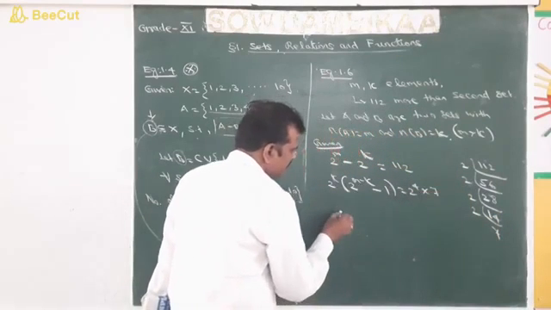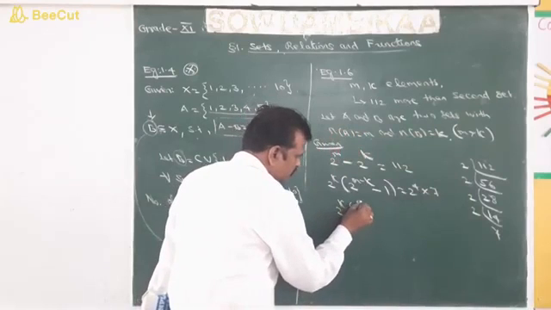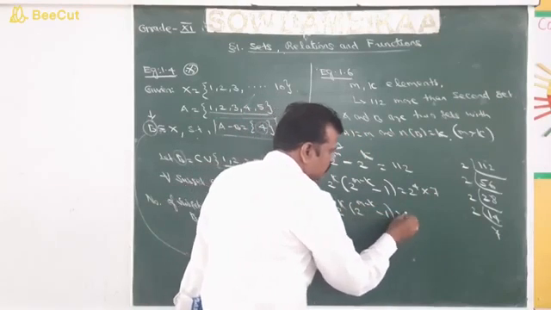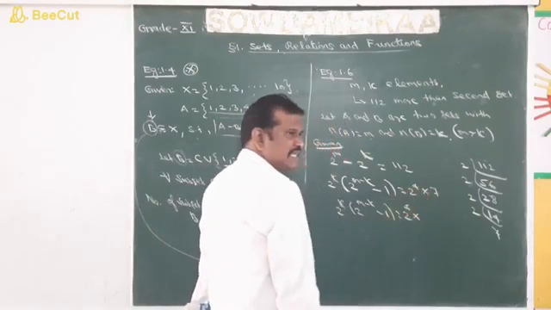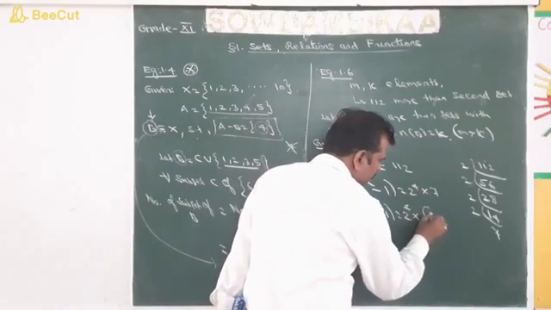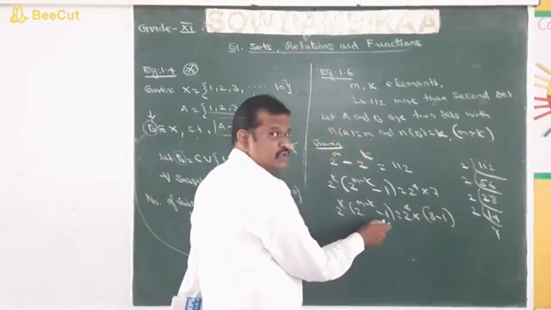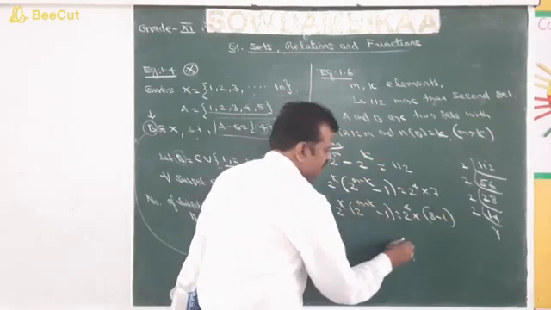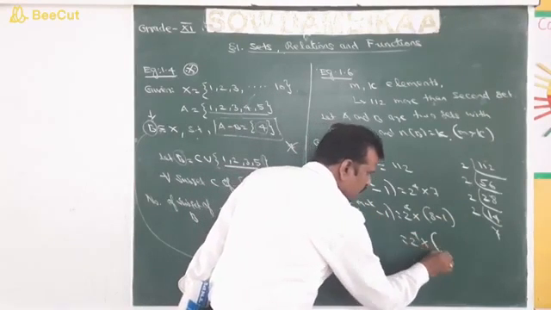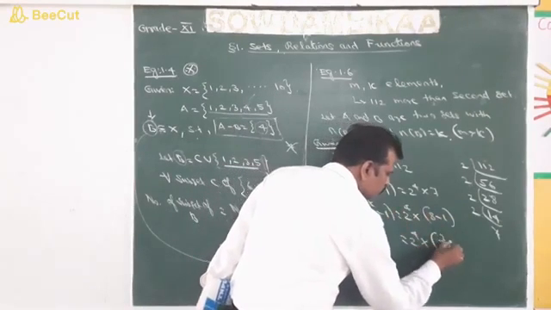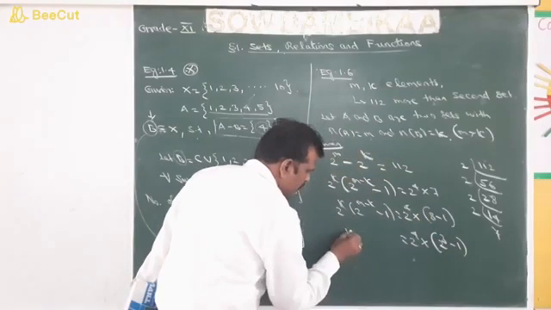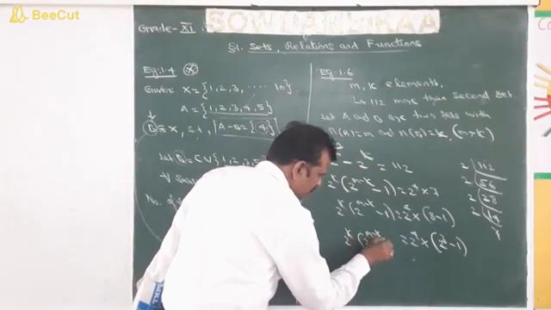So this can be written as 2 power k into 2 power m minus k minus 1, which is equal to 2 power 4 into 7. This 7 can be written as 8 minus 1 because we are having the minus 1, so for that we can split it. So 2 power 4 into this 8 can be written as 2 power 3 minus 1. Therefore 2 power k into 2 power m minus k minus 1.